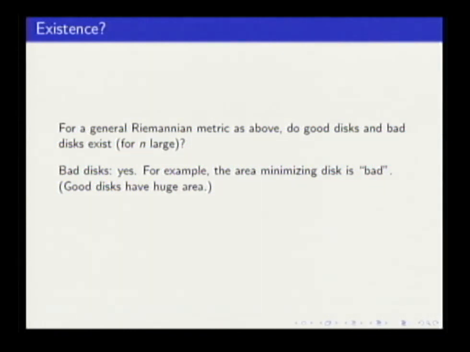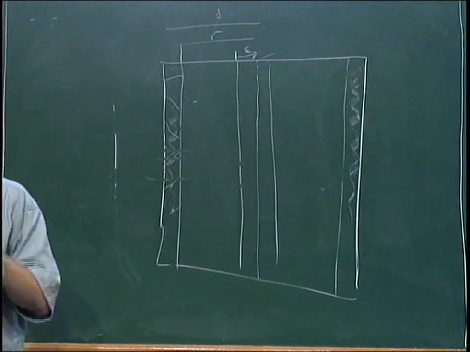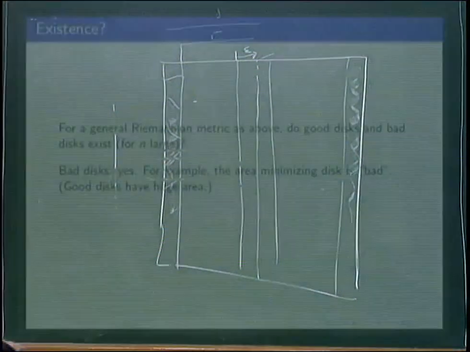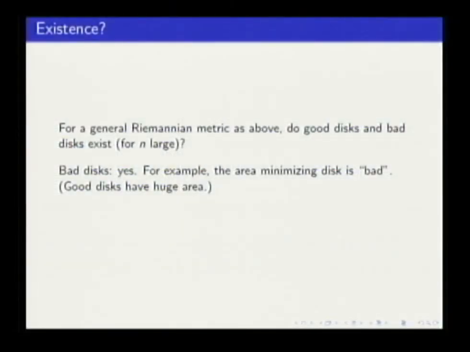For instance, the area minimizing disk is definitely bad. That's easy to see because a disk that is good, that meets our definition of being a good disk, is nearly horizontal away from the axis. Such a disk has area going to infinity as n goes to infinity, whereas the area minimizing disk has a bounded area. So when n is large, the area minimizing disk will definitely be bad, whatever the metric is. So bad disks definitely exist when n is large.